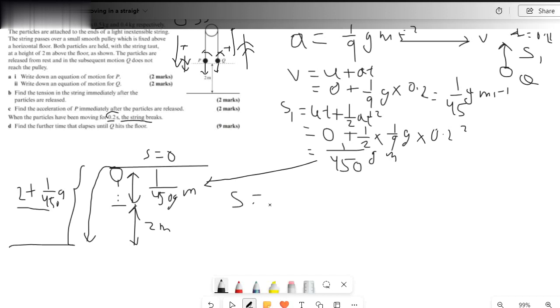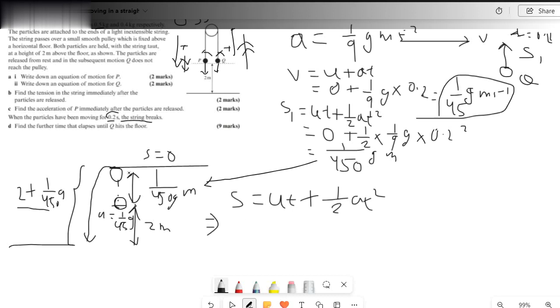So we can express that as s is equal to ut plus half into at squared. And at this point we can say that the initial velocity was 1 by 45 g, because this was the point at which the string broke. So using that equation, the displacement from this reference point to the ground is minus of 2 plus 1 by 450 g.